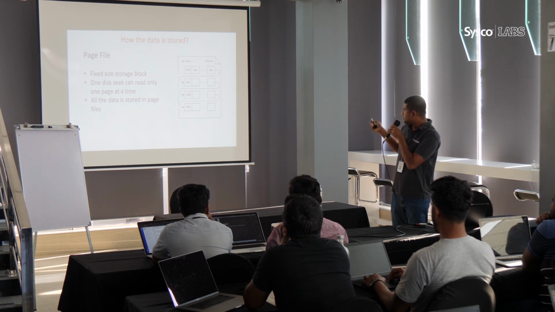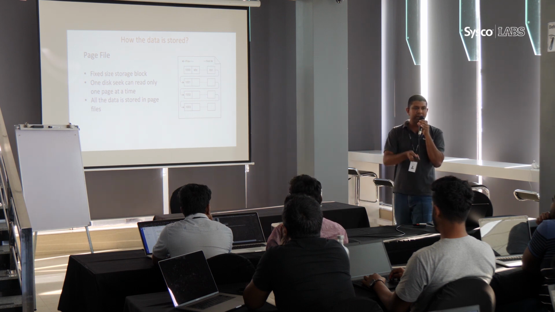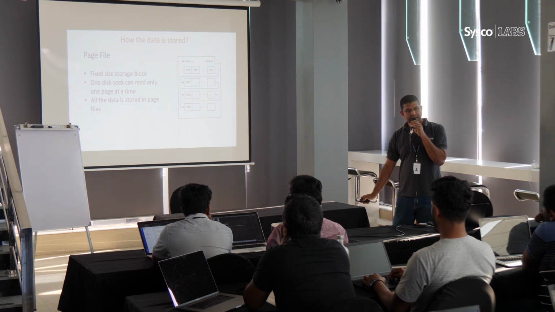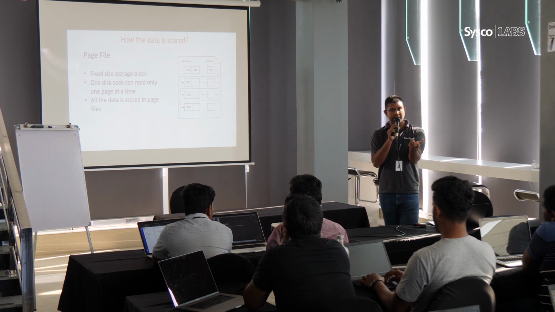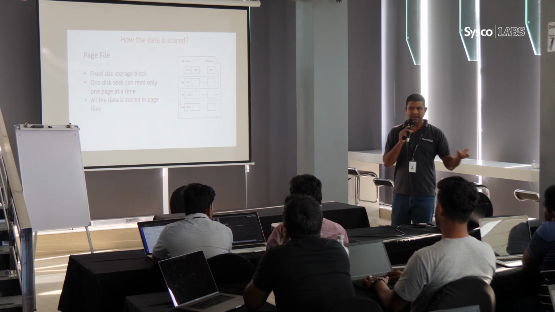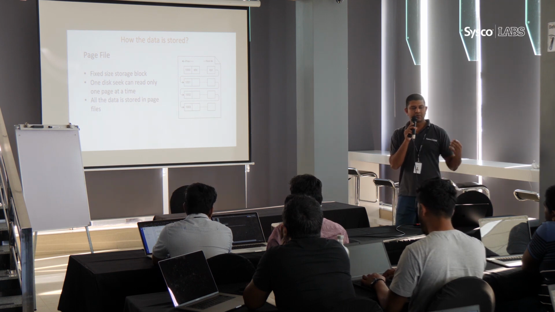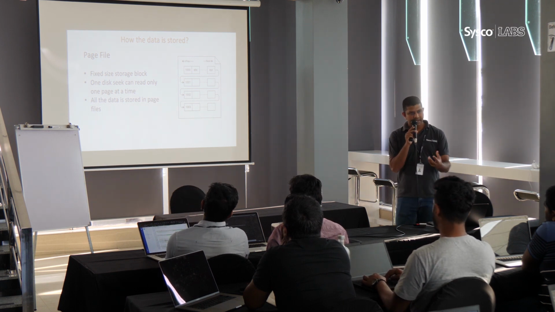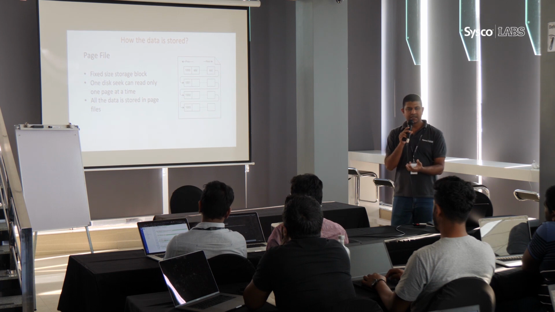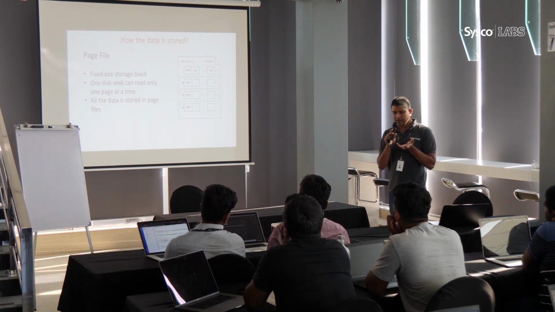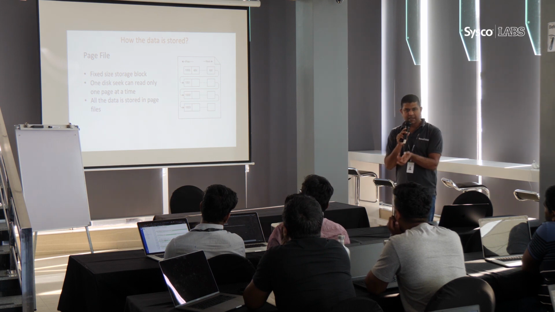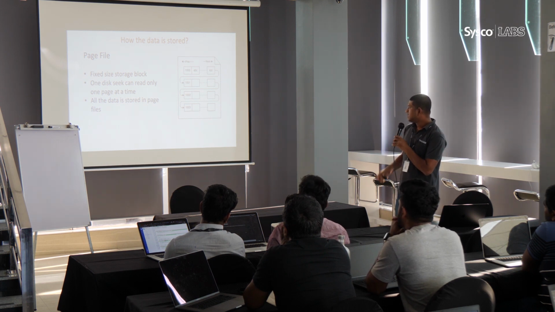Likewise, all the page files also have a link to the previous page and the next page, which means it is actually a linked list. If you start accessing from some point, you can go forward or backward from that point onward. You don't have to randomly access. But this is the fundamental unit with which you can store and read data, right?